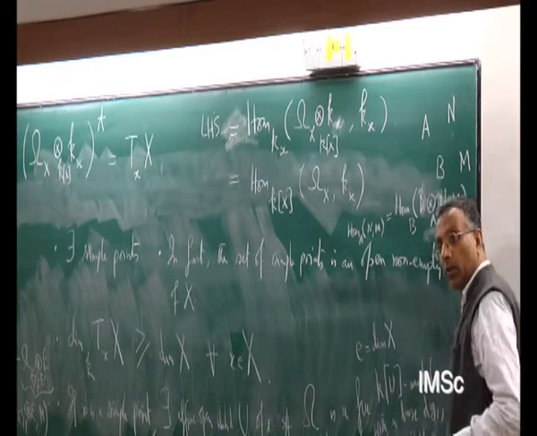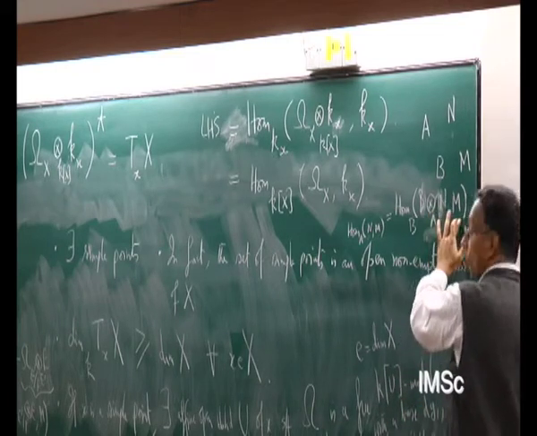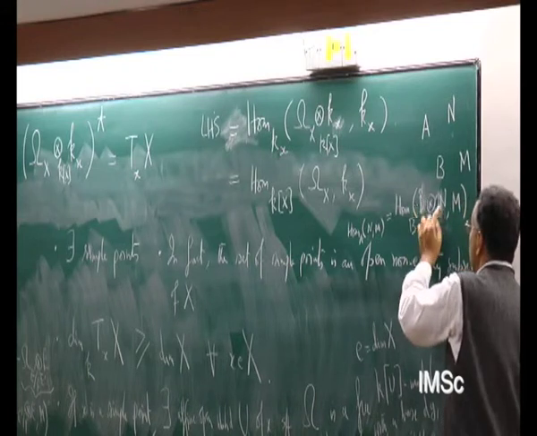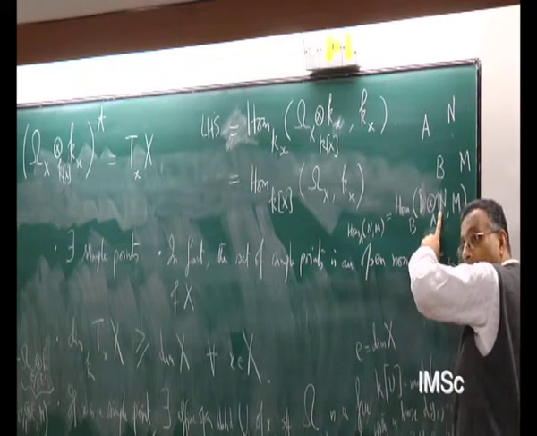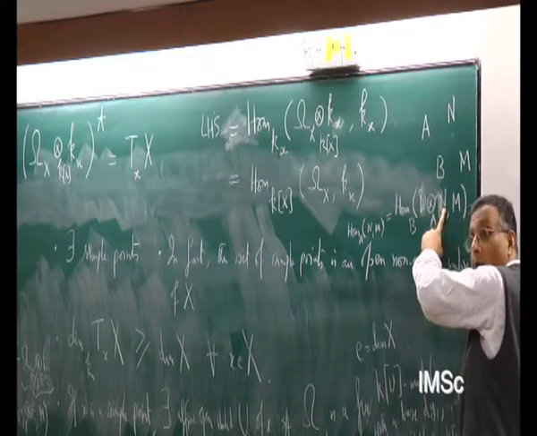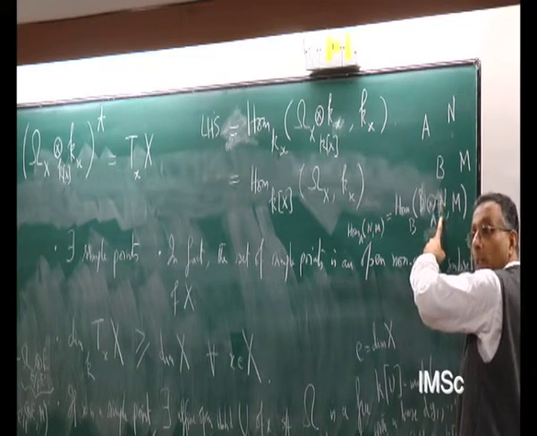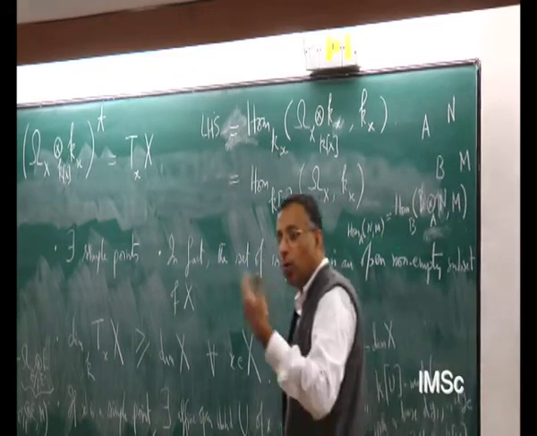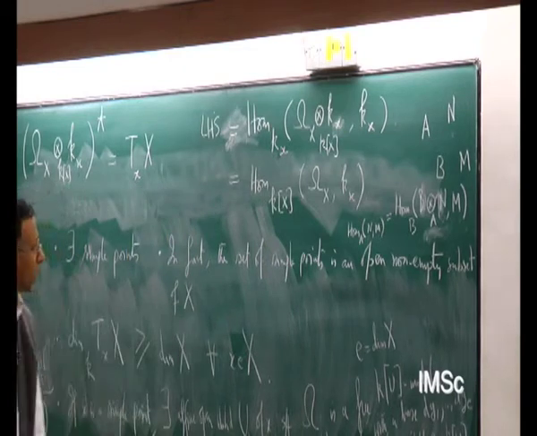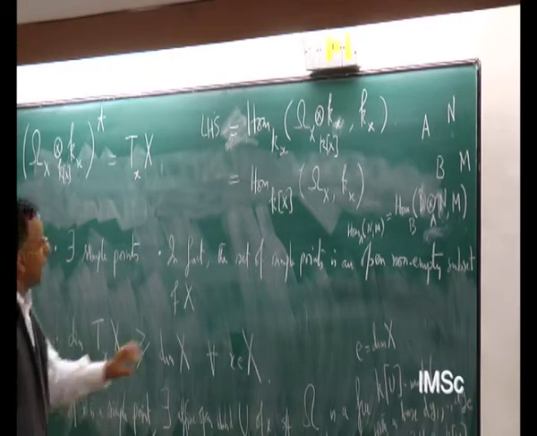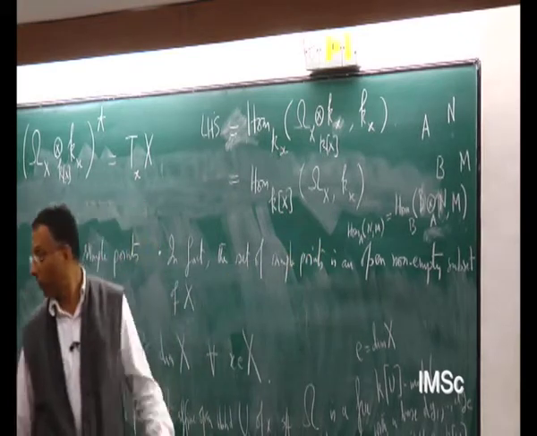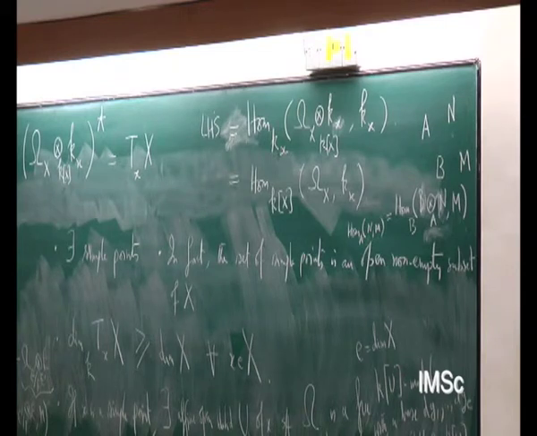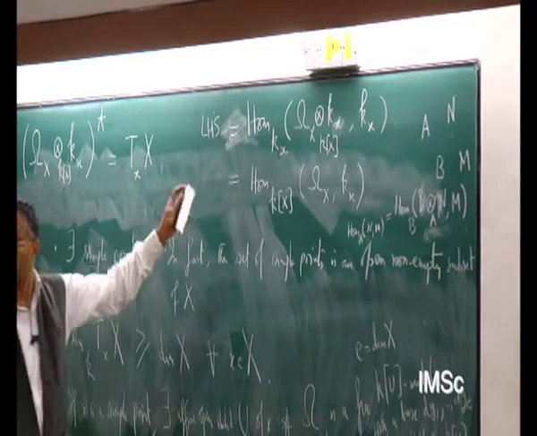Once I know where N goes, it is defined, because N generates this as a B module. So once I know the images of N, the module map is entirely determined. But what is that? By the universal property of this, what is this?